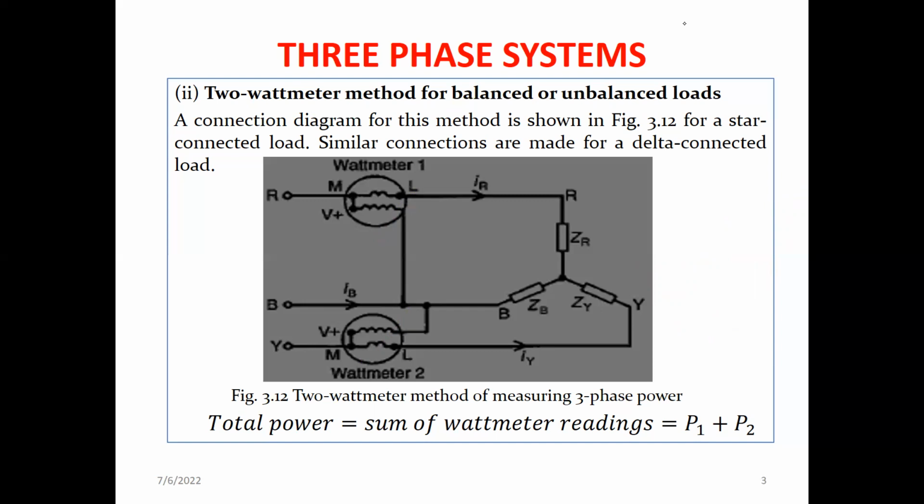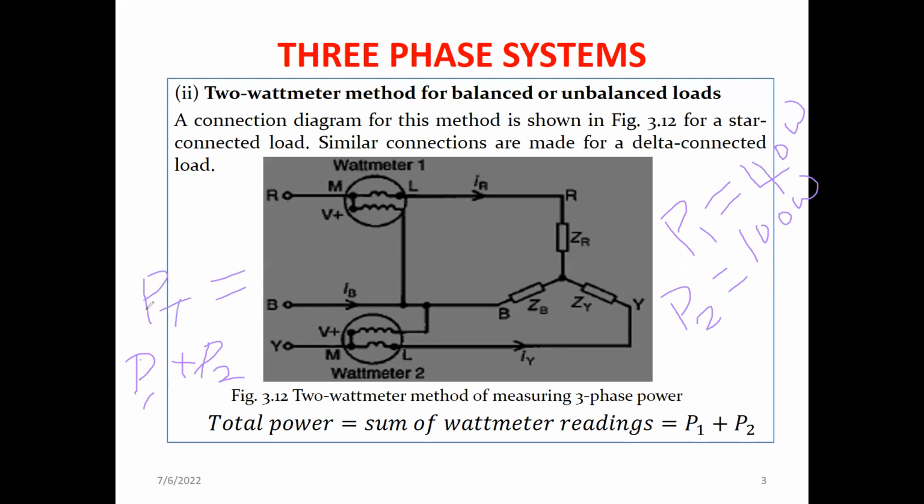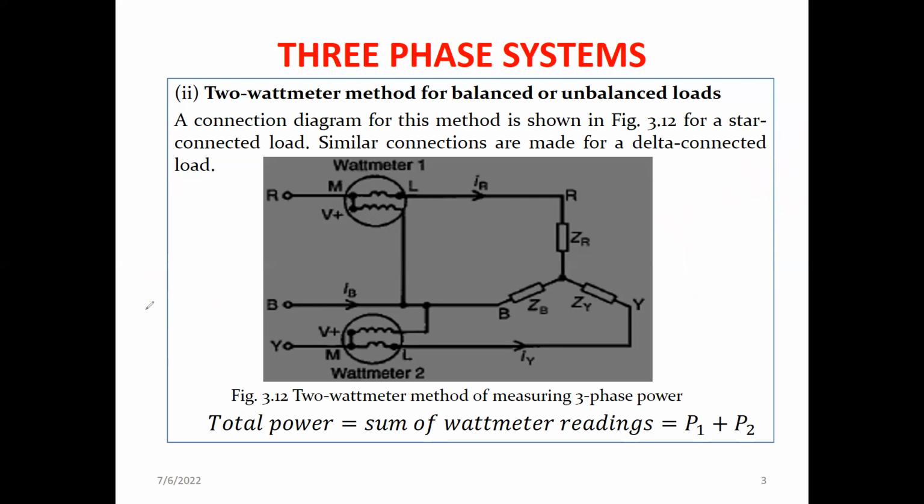For example, if you had P1 of wattmeter 1 as 40 watts, and P2 as 100 watts, the total power is P1 plus P2, so 40 plus 100, which equals 140 watts.